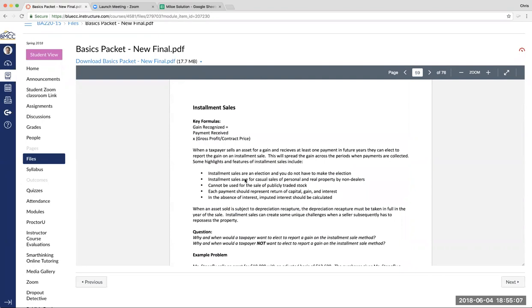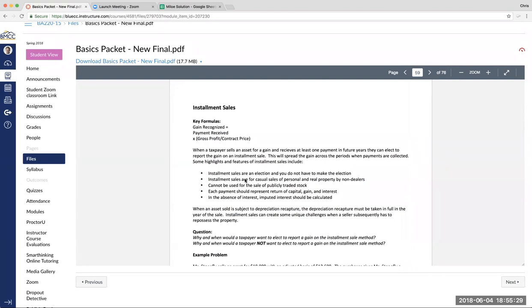In the tax code, one of the concepts that underlies the tax code is we generally want people to pay the tax when they have access to the money. And this is one of the reasons why we had the non-recognition rules before with involuntary conversions.